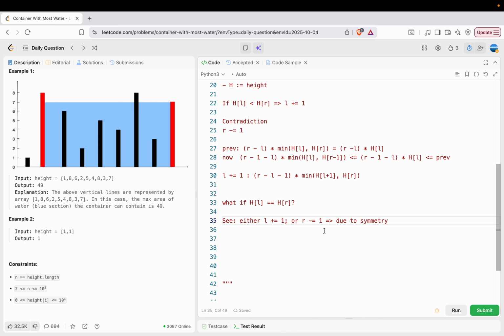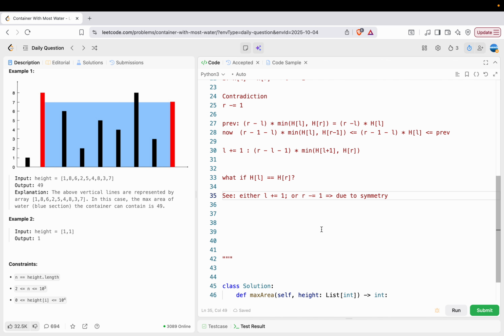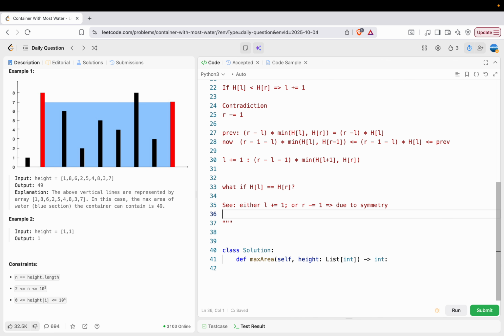You can see that this side is L and this side is R. But if you fix the left side and call it right, then the other side will be left, right? Therefore, this is actually the same. So in other words, if they are different and one is larger, we are going to increase the smaller side. If they are the same, we can do it from either side. So this will be the full logic.